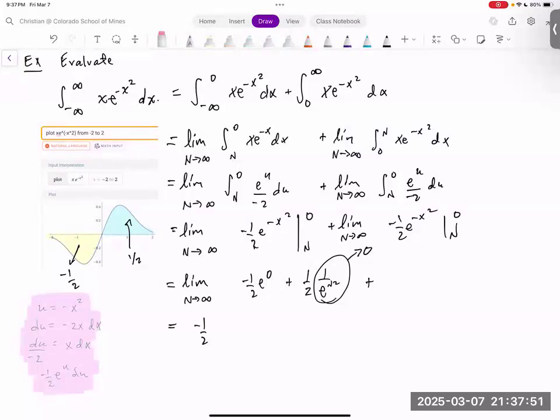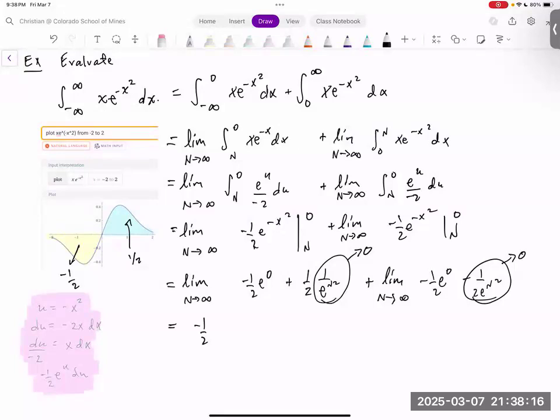Okay, so we have limit into infinity, negative a half e to the 0 again, and negative 1 over 2 e to the n squared. This term again goes to 0.